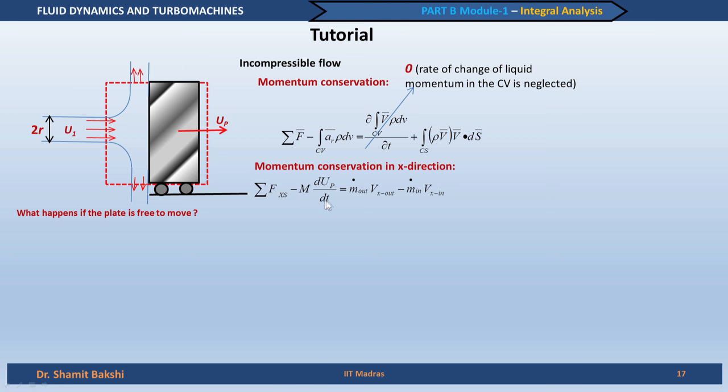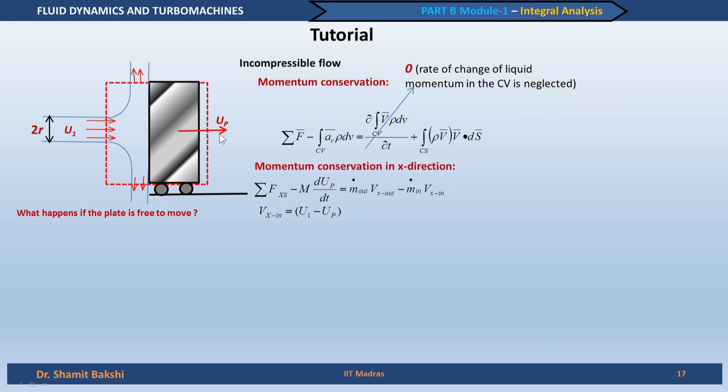So, we get this term, and then on the right hand side, it is actually the momentum of the fluid exiting the control volume subtracted from the momentum of the fluid coming into the control volume. So, m dot out multiplied by the outgoing velocity, minus m dot in multiplied by the incoming velocity. Now, the velocity always has to be with respect to the control volume, and the control volume is moving with a velocity Up.